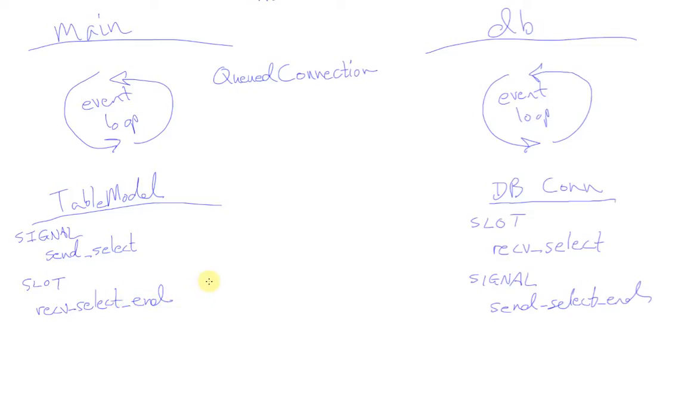So the select function could get this whole operation series, as I like to call it, rolling.